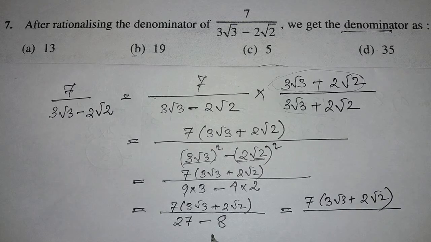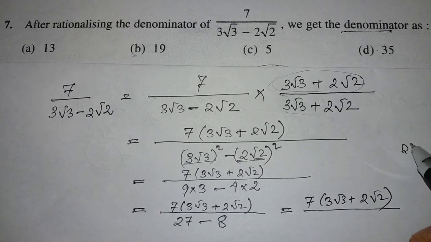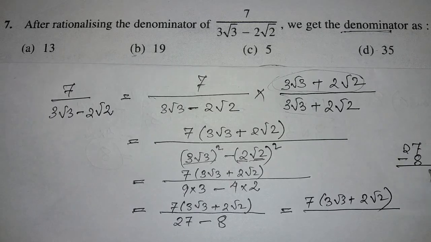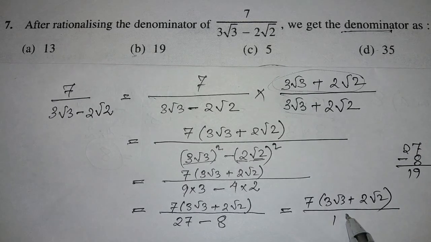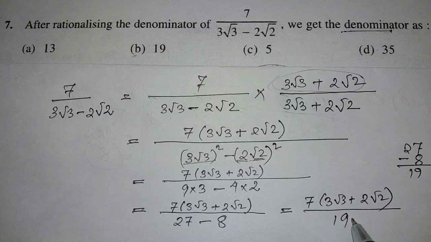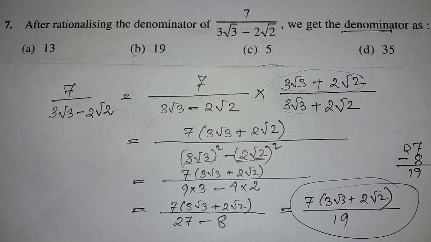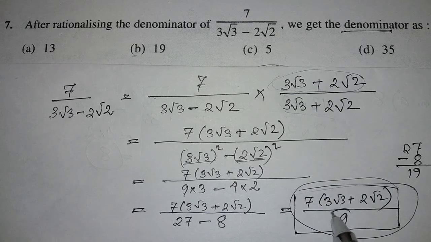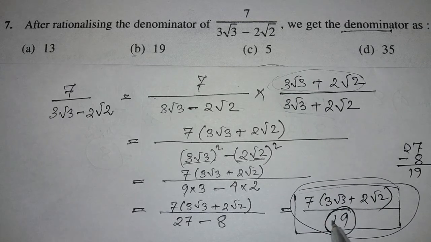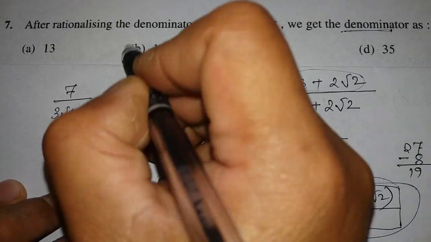Now 27 minus 8, you get here 19. So in the final expression that we get here, the denominator is 19. So this is our answer.